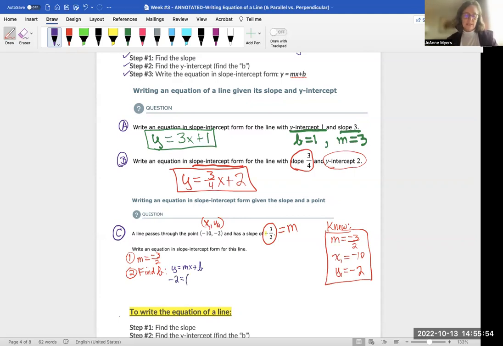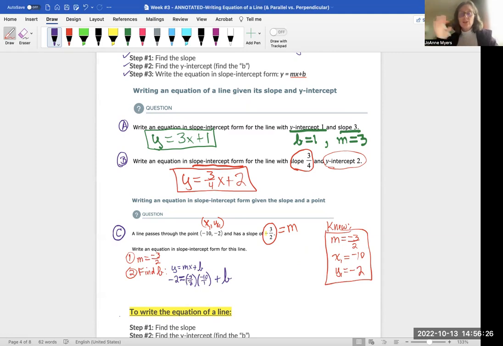Negative 2 is the same thing as my slope, which is negative 3/2, times my x, plus b. Sorry, my x is negative 10. Because I'm multiplying negative 10 by a fraction, negative 3/2, I choose to write negative 10 as a fraction.